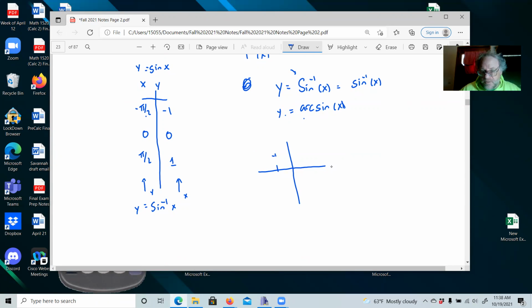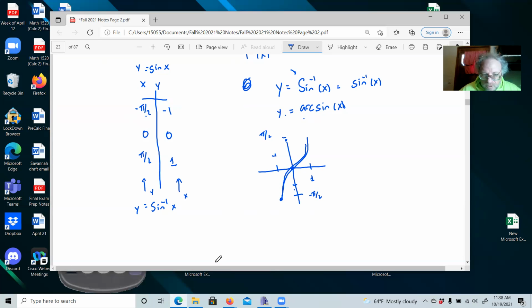Negative pi over 2. So here's 1, here's negative pi over 2. When we're at 0, we're both at 0. At 1, we are at pi over 2. So there's 1, and there's a positive pi over 2.